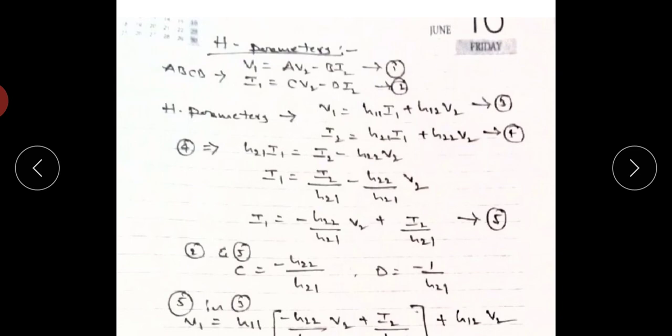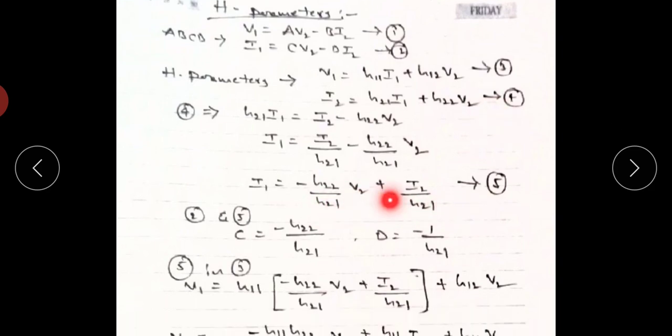So from equation number 4, write the I1 equation. Equation 4: I2 equals H21 I1 plus H22 V2. H21 into I1 equals I2 minus H22 into V2. So from this equation, I1 equals I2 by H21 minus H22 by H21 into V2. So finally I1 equals minus H22 by H21 into V2 plus I2 by H21.